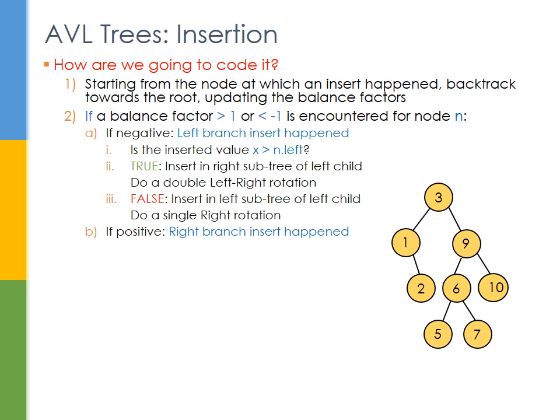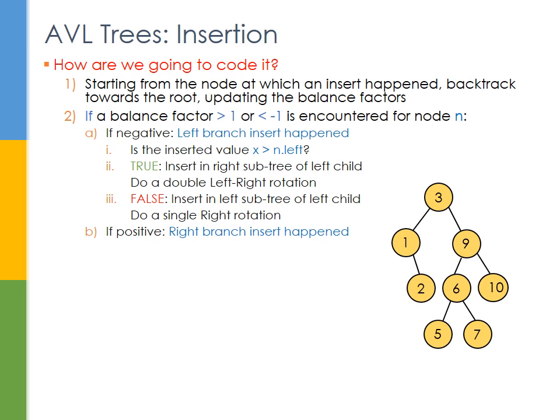What we then do is we compare the inserted value that we've just added to the tree, which we will represent as x, and we compare that to the value stored in the left child of the unbalanced node.